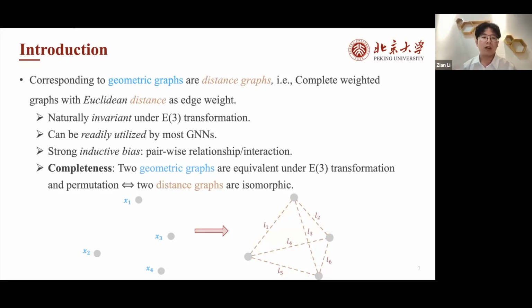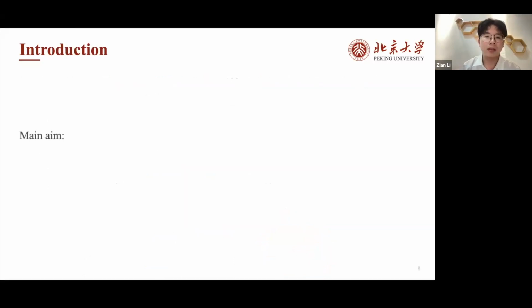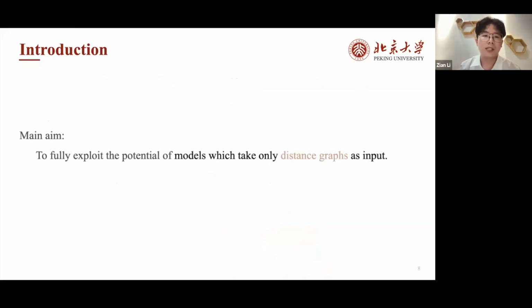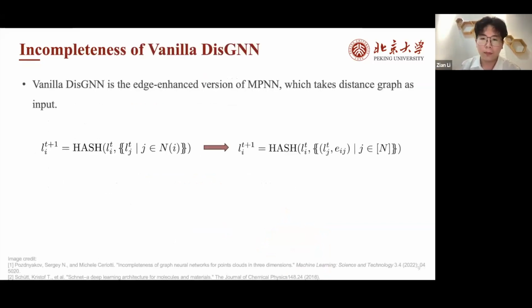The first contribution of our paper is that we show the incompleteness of vanilla DisGNN from another perspective. First of all, what is vanilla DisGNN? We define vanilla DisGNN as the edge-enhanced version of message passing neural networks. They take distance graphs as the input.